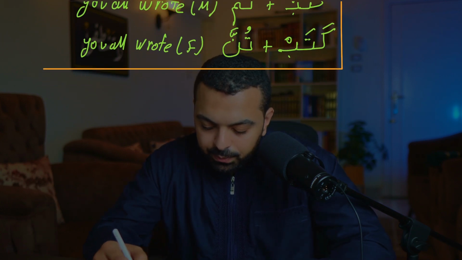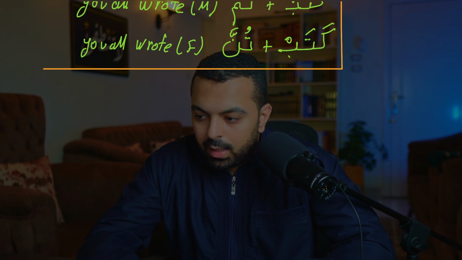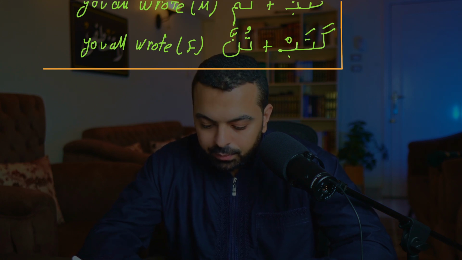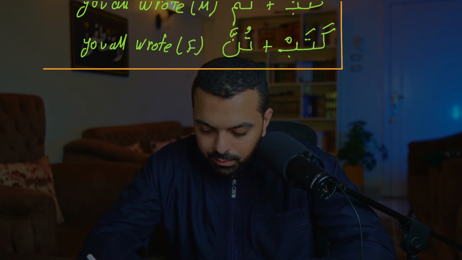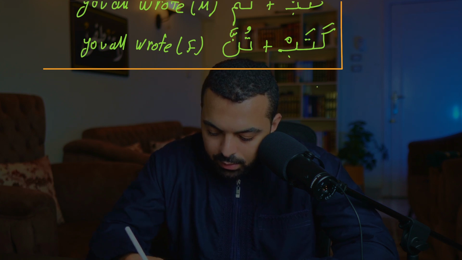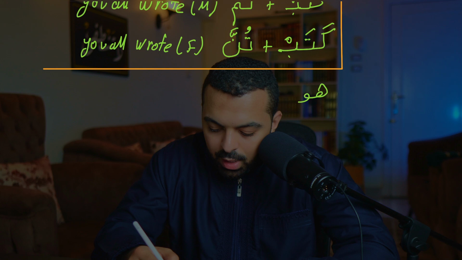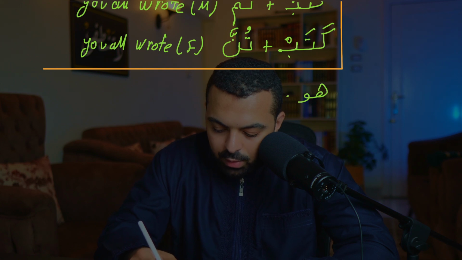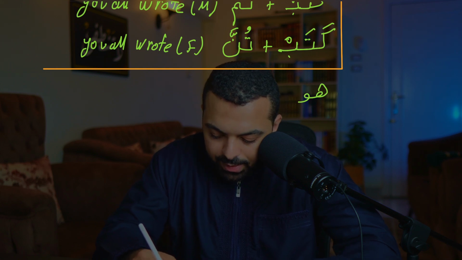For example, first is هو. How could you say هو? He wrote. We say هو كتب.